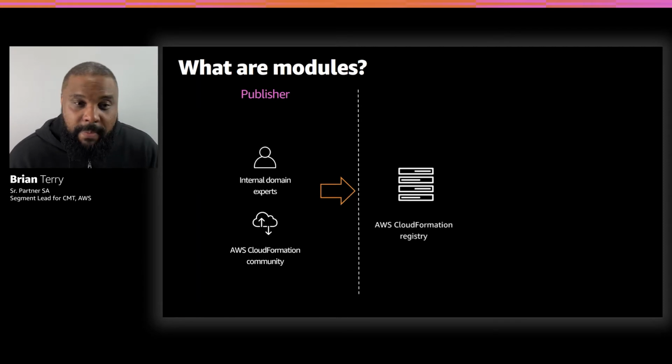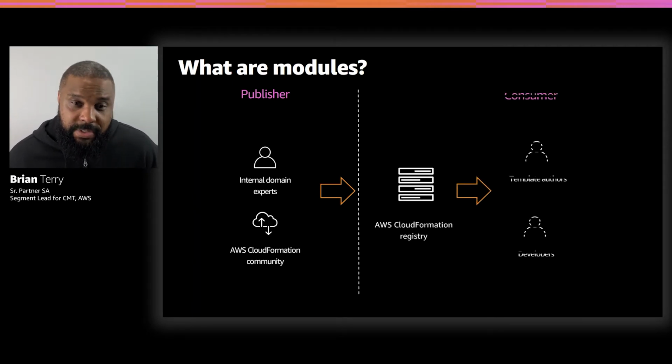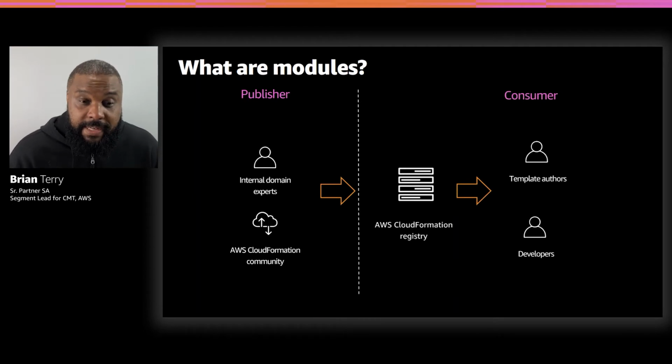Next, you publish that module to the CloudFormation Registry. As I spoke about before, the registry is a central place to hold these custom resources and providers, and modules are one of these. Once you publish those to the CloudFormation Registry, end users can use these to create infrastructure in their own CloudFormation templates.